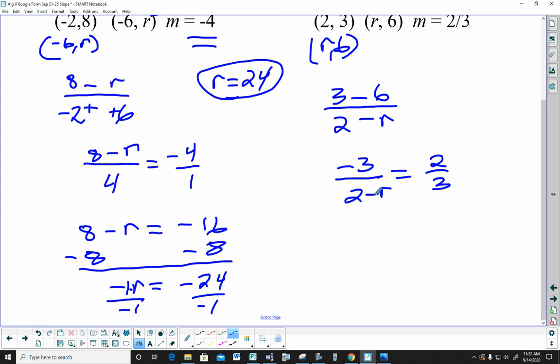Cross multiply. Doesn't matter the direction you go first. I'm going to go this way first. Negative 9 equals 2 times all of this. So that's 4 minus 2r. Subtract the 4. That's a 4, not a 9. Let me erase it.